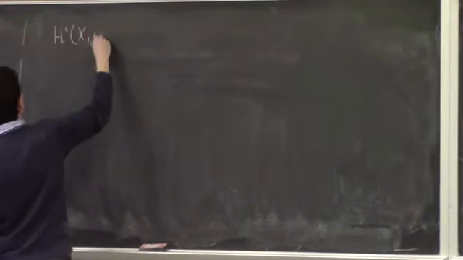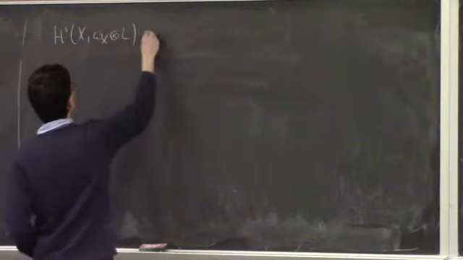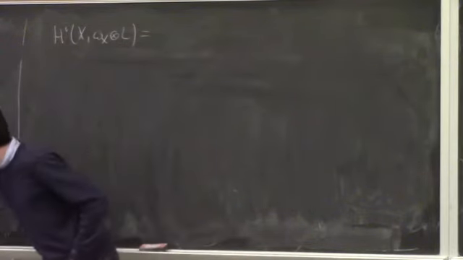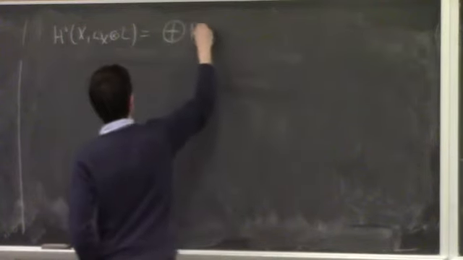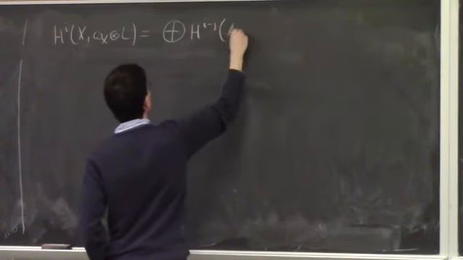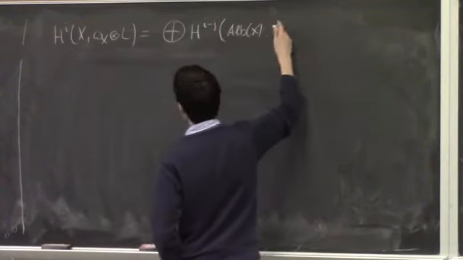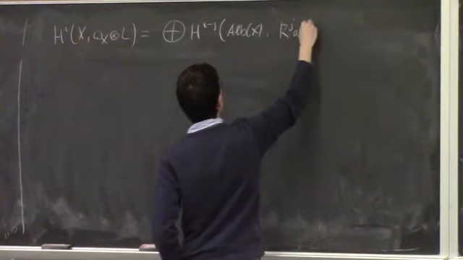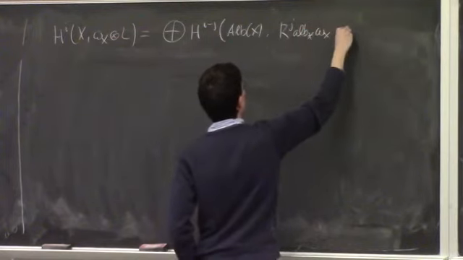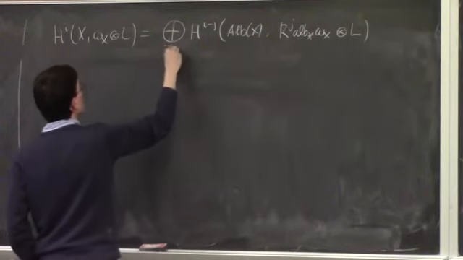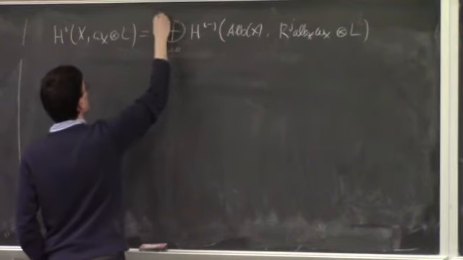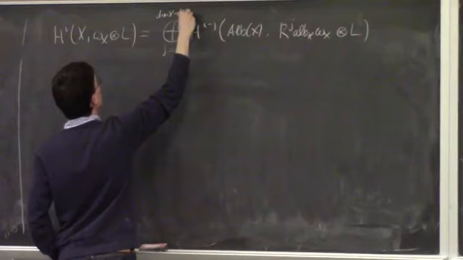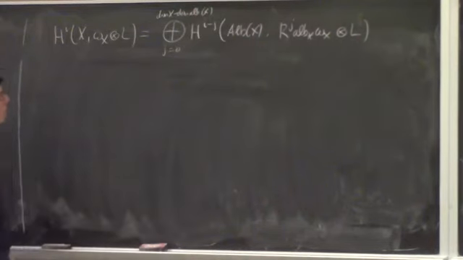So if I want to calculate this kind of cohomology group here, the natural thing to do is push it down by the Albanese mapping and calculate it there. And in fact, something very nice happens, which is that this thing can be completely understood in terms of information down on the Albanese variety.